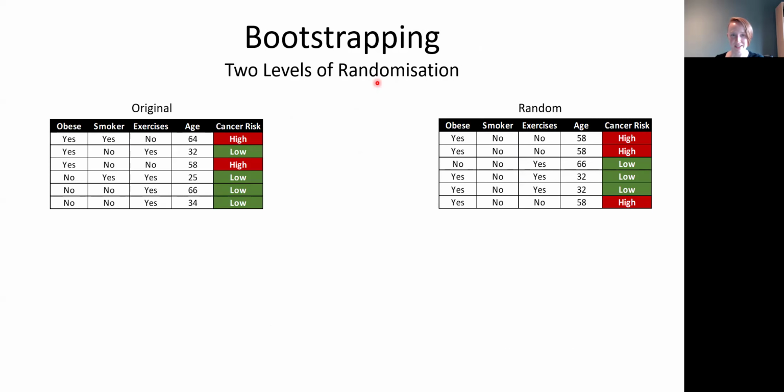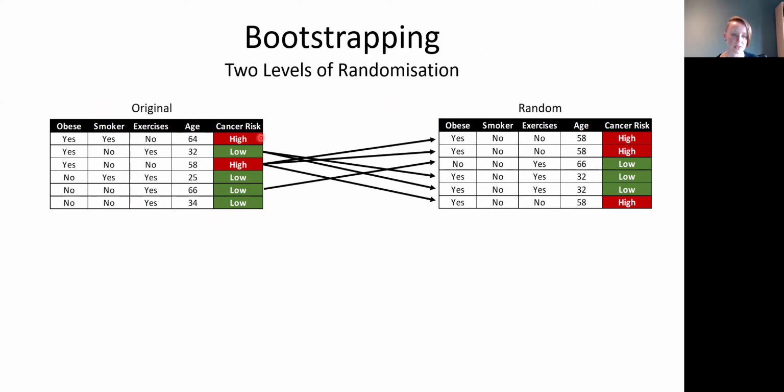So bootstrapping introduces a couple of levels of randomization to our random forest. So the first level of randomization is by randomly subsetting our original data. So what we'll do is we will randomly select samples within our data with replacing them every time.